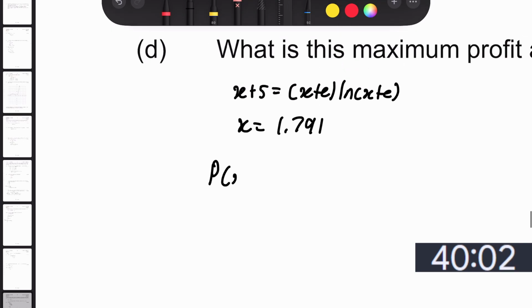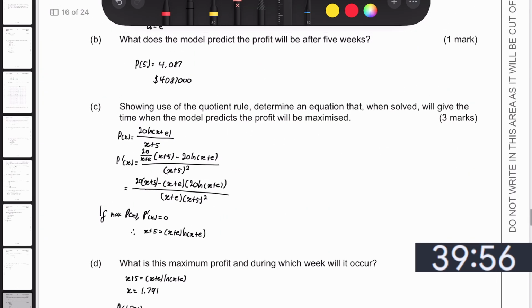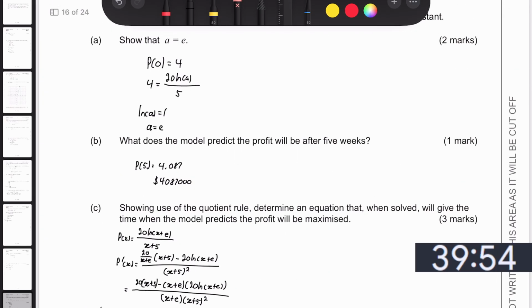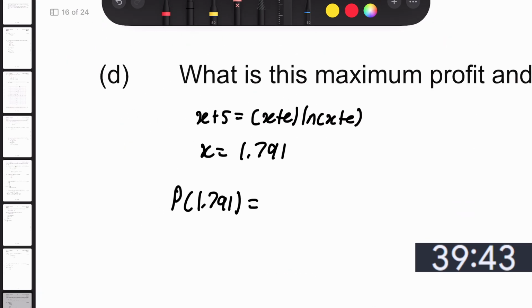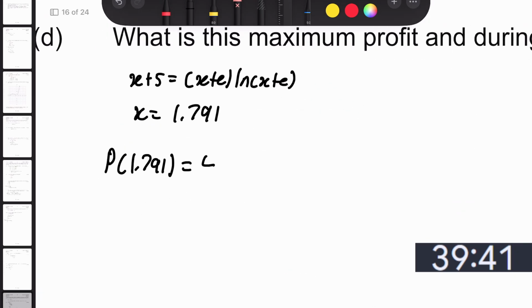So p of x of 7.91 is equal to... come on now, this bad boy. And given that x is equal to 1.791, 4.436.